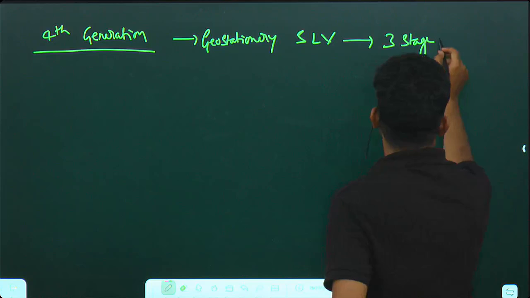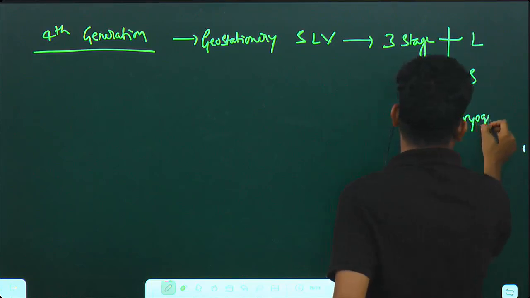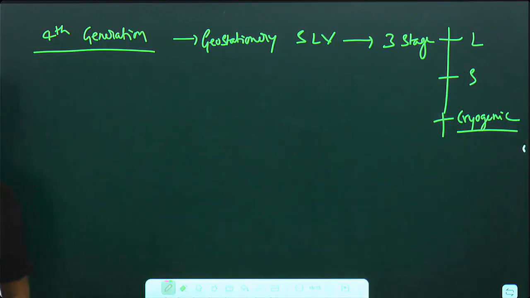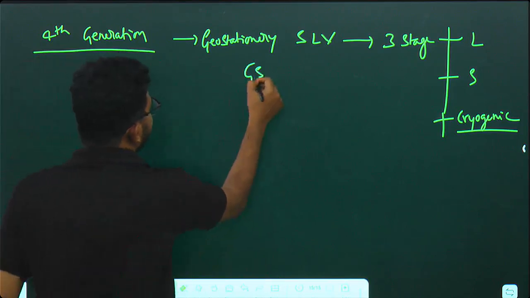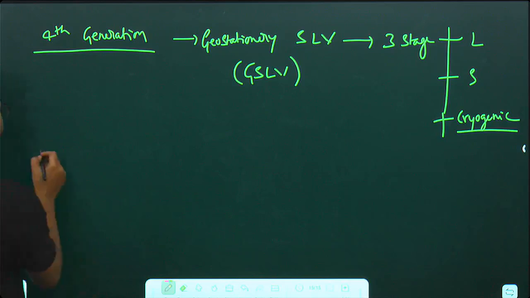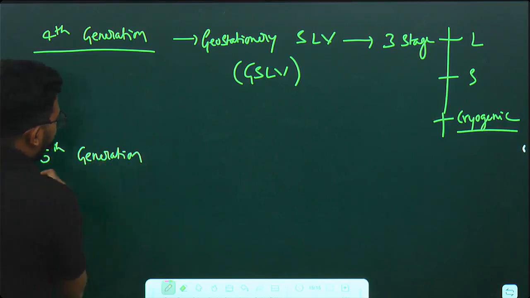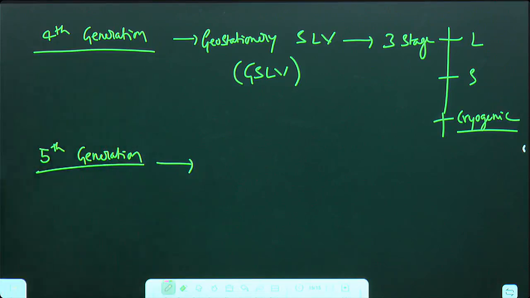The first stage is liquid, then solid, and then cryogenic. So this is GSLV, and we have the fifth generation, which is GSLV Mark 3.